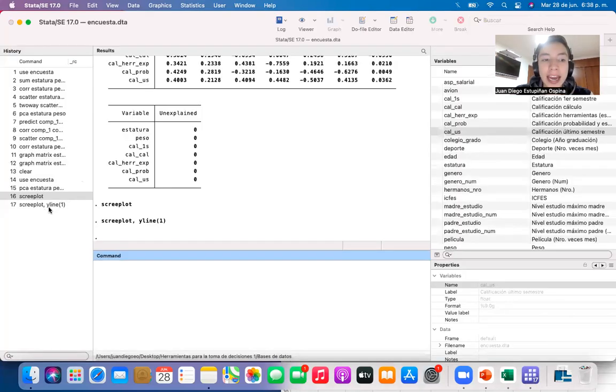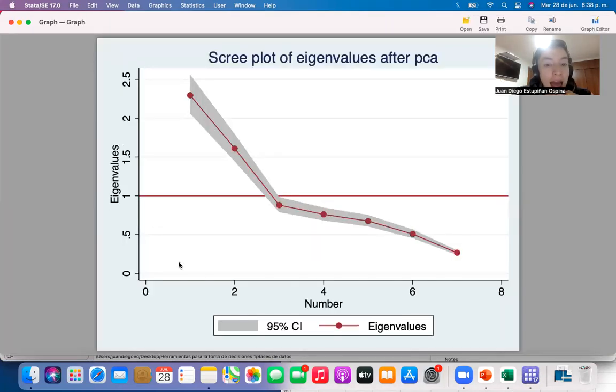And finally, we can add to this graph, you will write ci in parentheses, and this shade that you see here is like an interval, a confidence interval of 95%. So with a confidence of 95%, I could assume that the first eigenvalue for the first component will be between this point and this point.